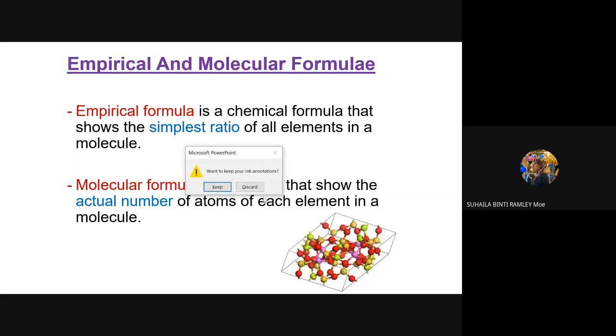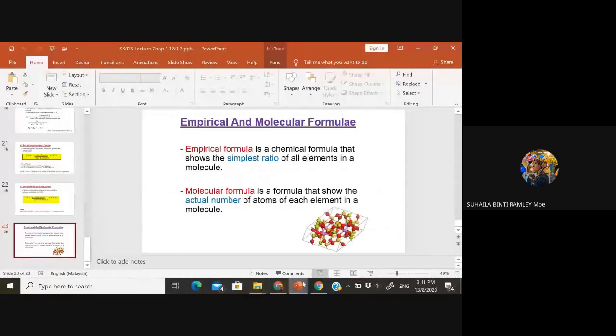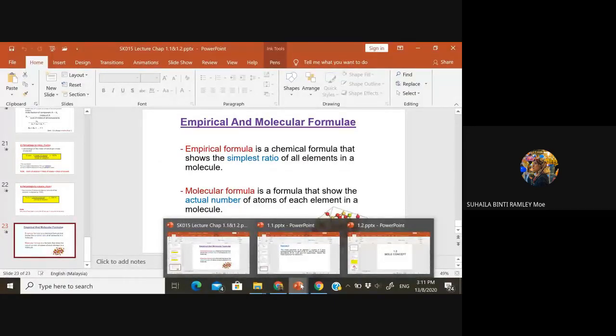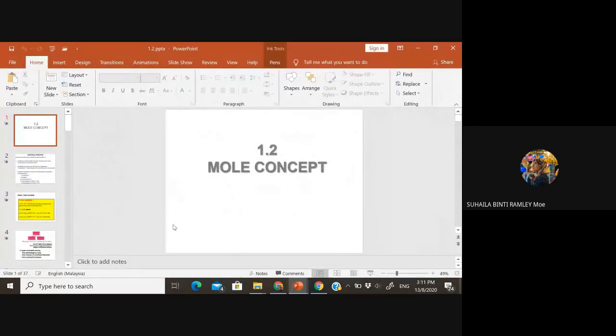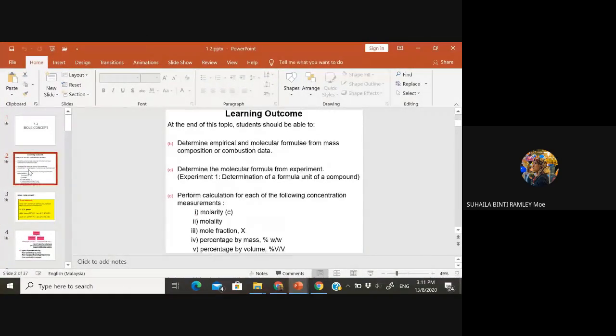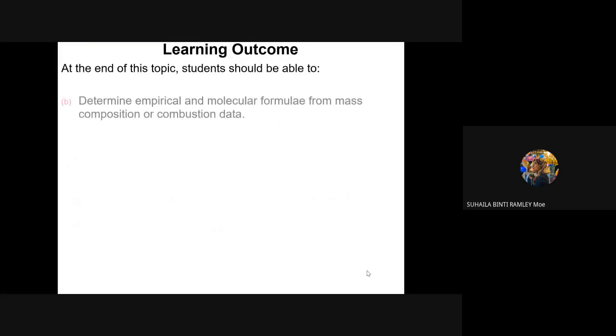So we go to the tutorial. Which one is the tutorial? This one. Okay. So the learning outcomes for the tutorial. In lecture we just defined empirical and molecular formula.